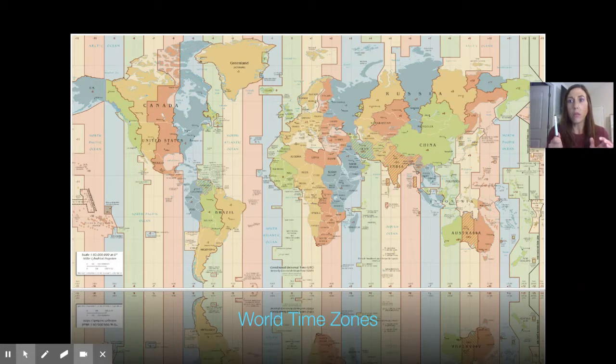Going from this side with my backwards camera, the Eastern time zone, and then Central, then Mountain, and then Pacific. And then we have the Alaska time zone, and then we have Hawaii time. So that's where the 6 comes into play. So we only have 4 in the main part of the US, and then Alaska has its own, and Hawaii has its own.